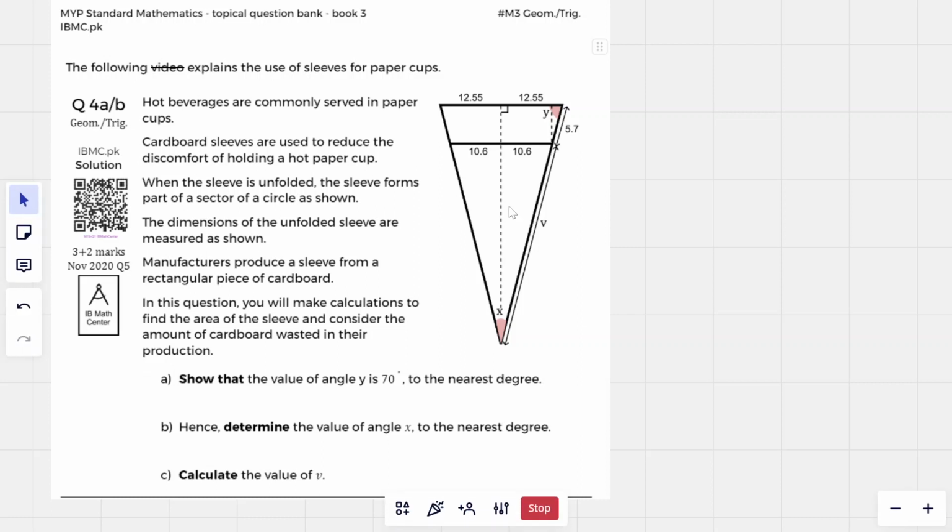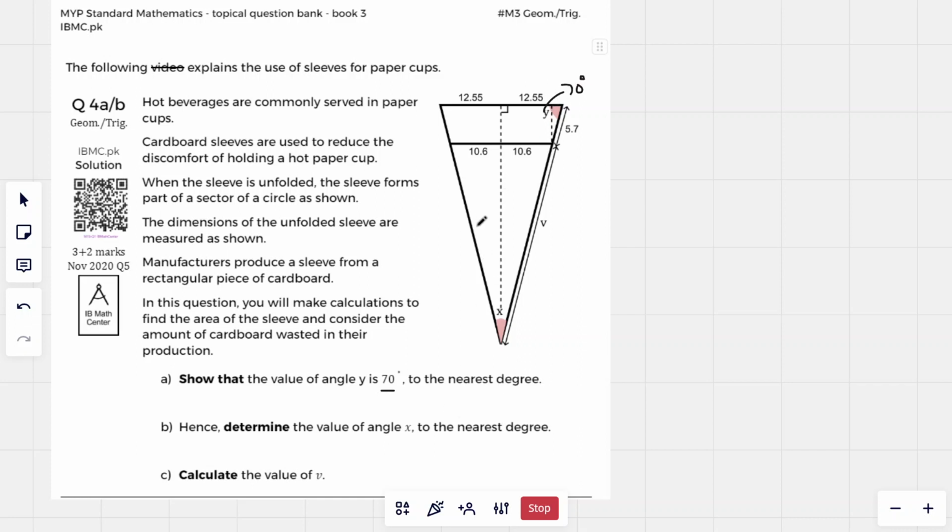This is question number 4, parts A and B of the Geometry and Trigonometry series, booklet 3. For those of you who are here for the answer to this question, for part A, we had to show that the value of the angle at Y is 70 degrees.